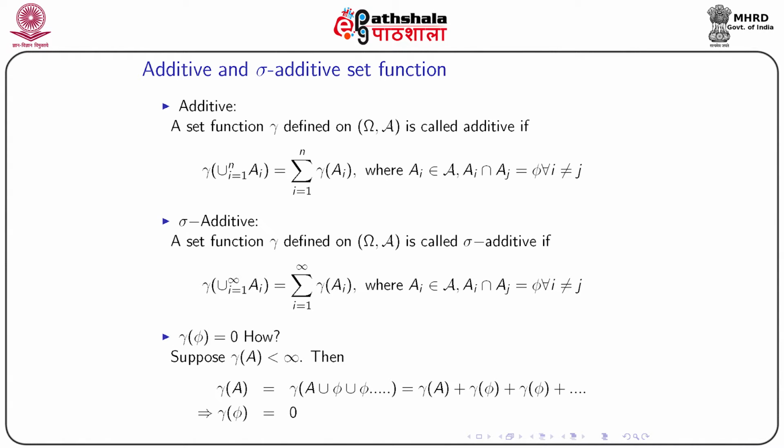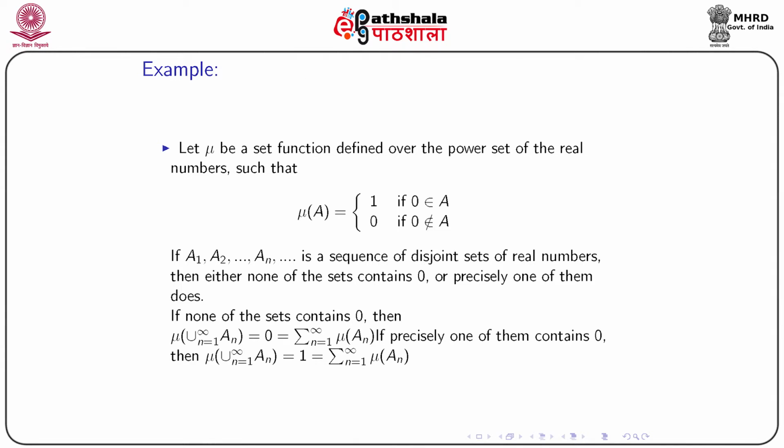So, under the condition that the set function is finite, only then can we say that the set function of a null set will be 0. Let us consider another example. Now, we define a set function mu.